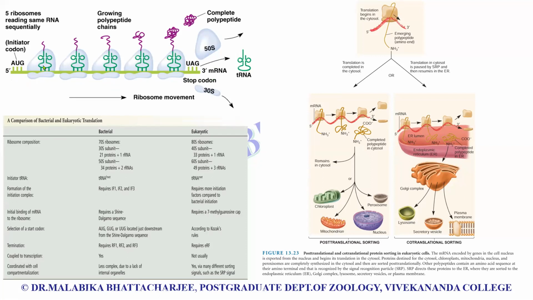So you can see that at a given point, once the first ribosome moves away from the RBS and enters into the elongation phase, a second ribosome can bind to the RBS, form the initiation complex, and can again enter the elongation phase. A third ribosome can bind again at the RBS, start the initiation phase, and can enter the elongation phase.